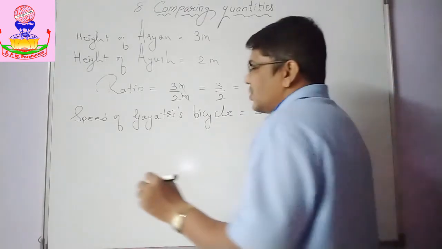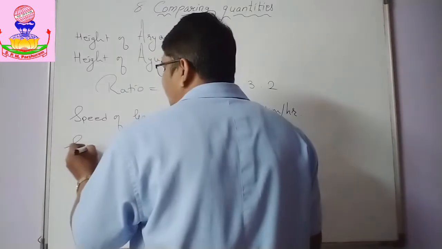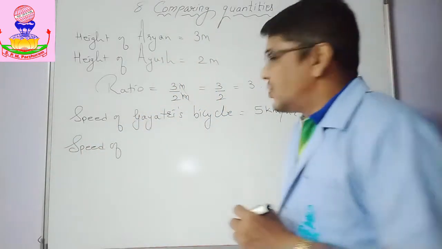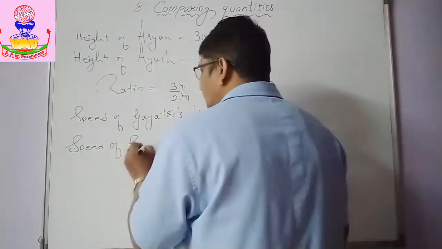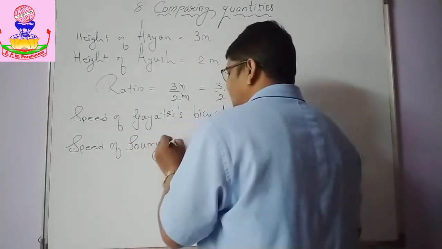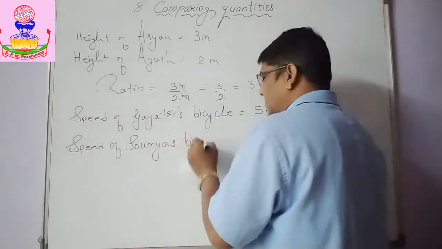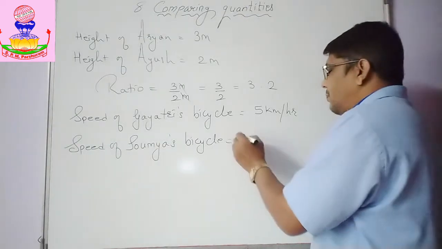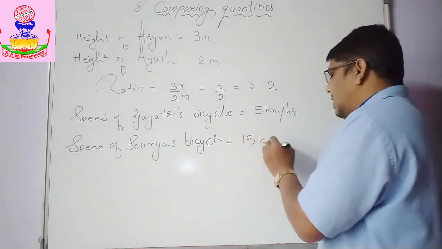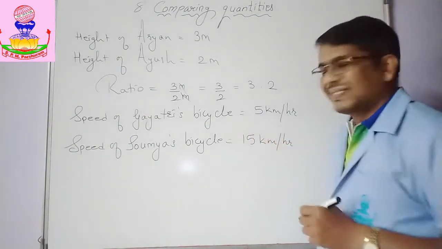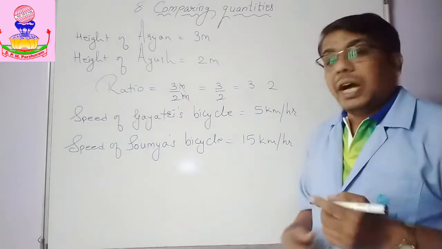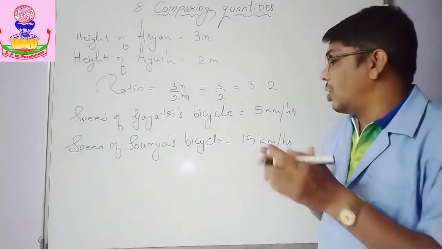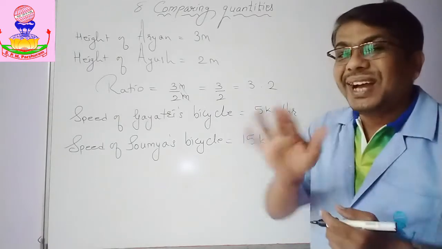While speed of Soumya's bicycle is 15 kilometers per hour. So if I ask, what is the ratio of speed of Soumya's bicycle to Gayatri's bicycle?